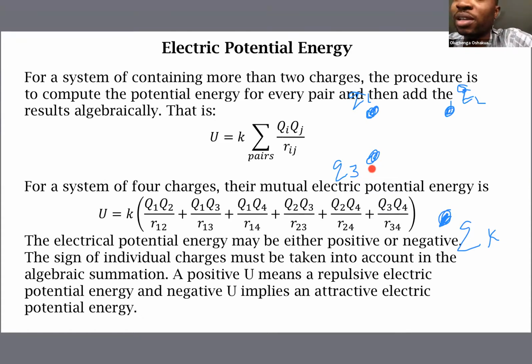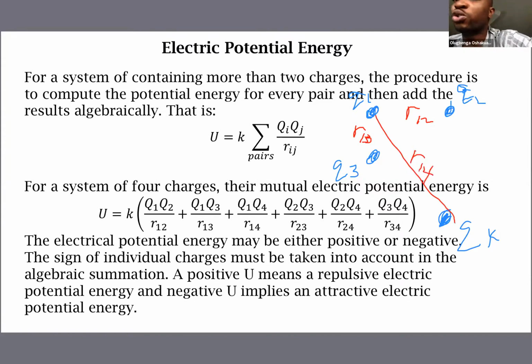So from this expression, it simply tells us that the distance between Q1 and Q2 is R12. The distance between Q1 and Q3 is R13. The distance between Q1 and Q4 is R14.